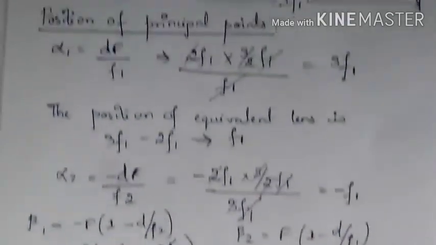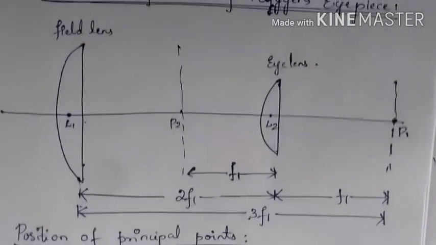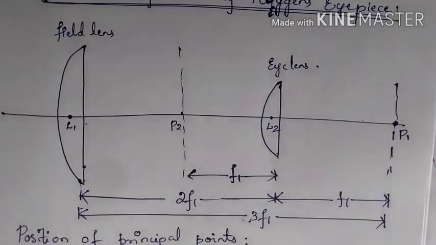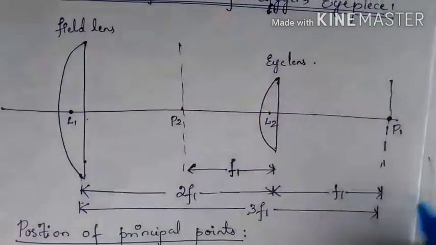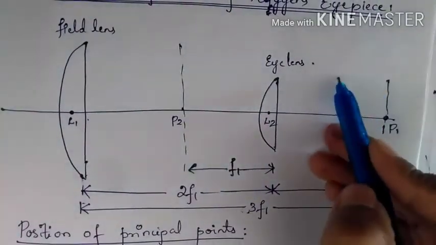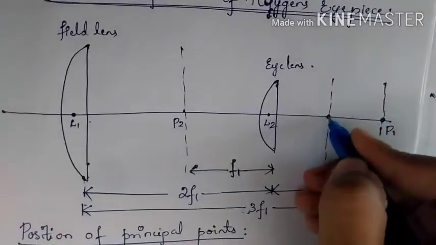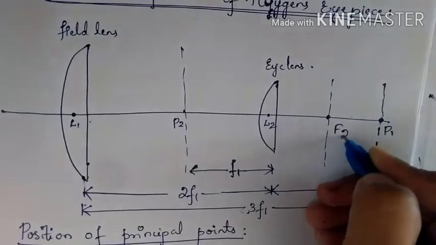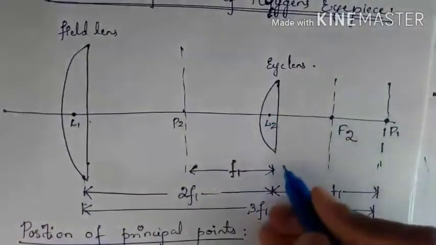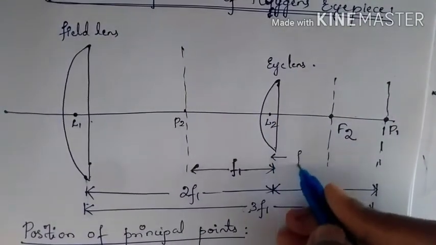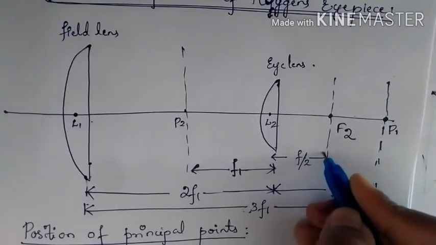So now let us mark this on the diagram. So beta 2 is at a position f1 by 2. So f1 by 2 is here. So beta 2, that is focal point 2, is here. So this distance from here to here is f1 by 2.